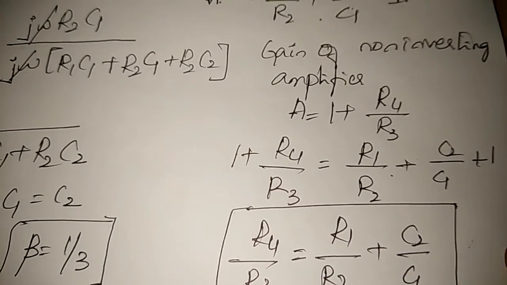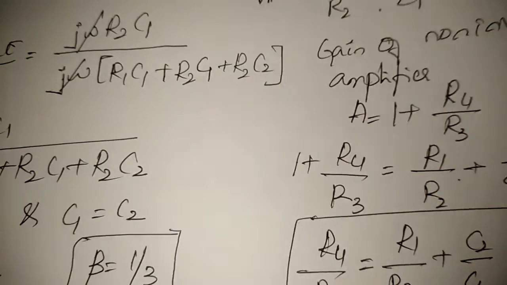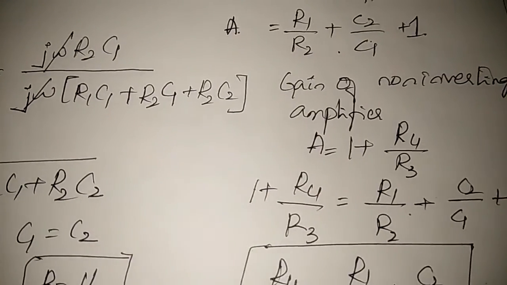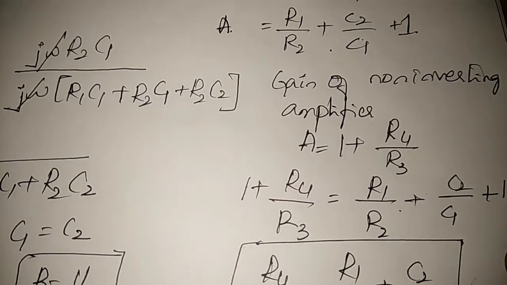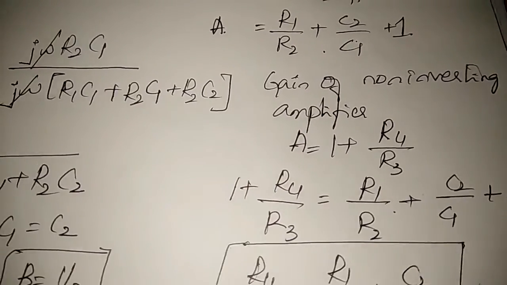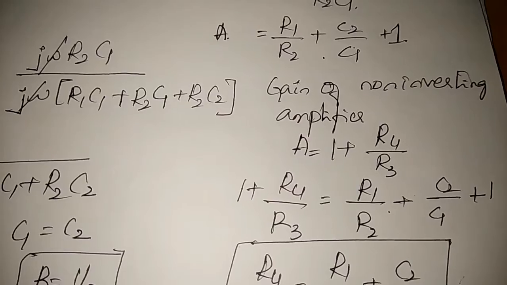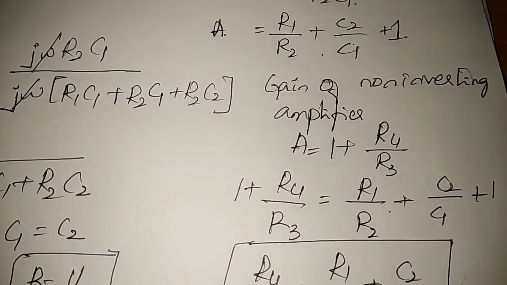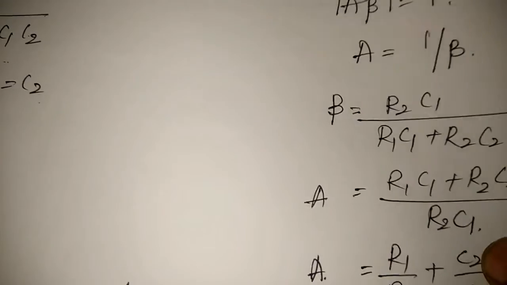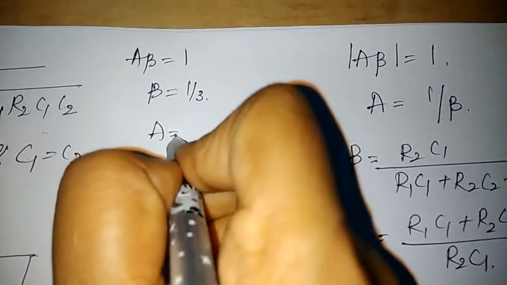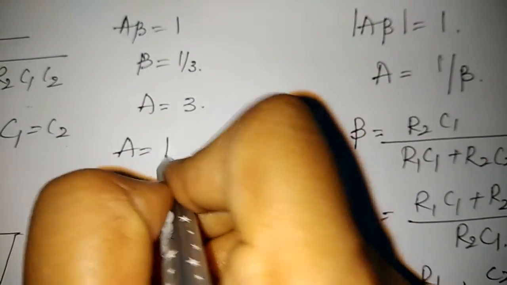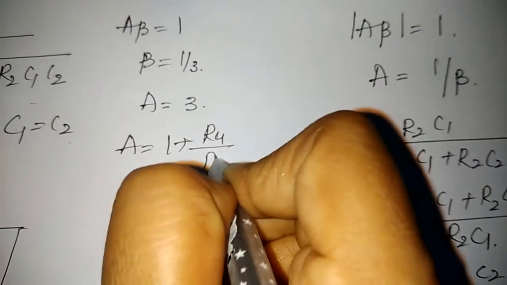Now we'll see one more, that is the A beta condition. We know that A beta is equal to 1. So we also got beta is equal to 1 by 3. Substituting that, we'll get A is equal to 3, is it not? And we know that A is equal to 1 plus R4 by R3, correct?